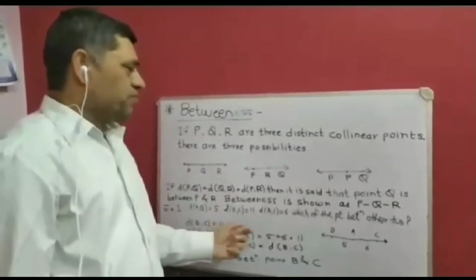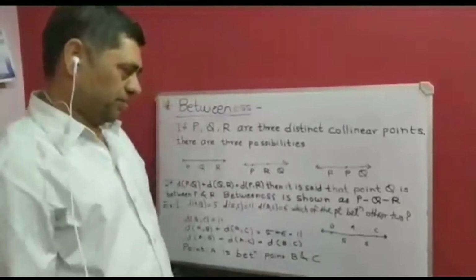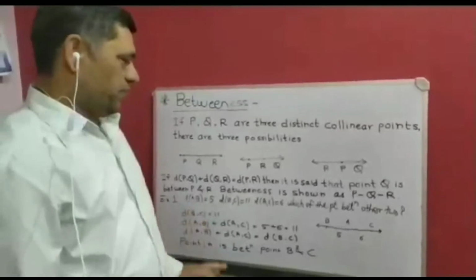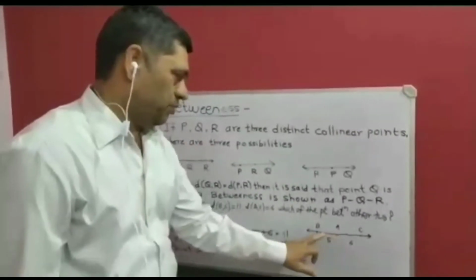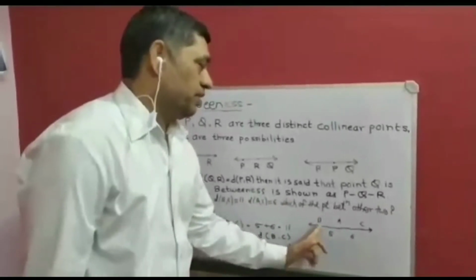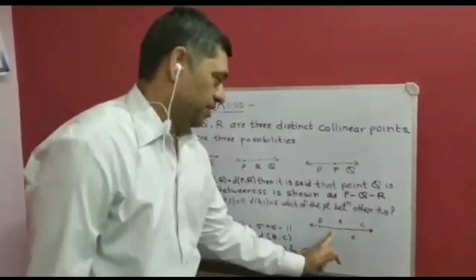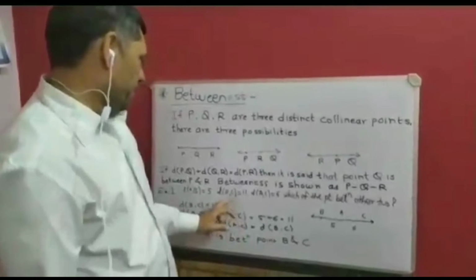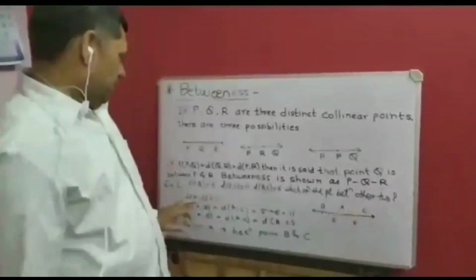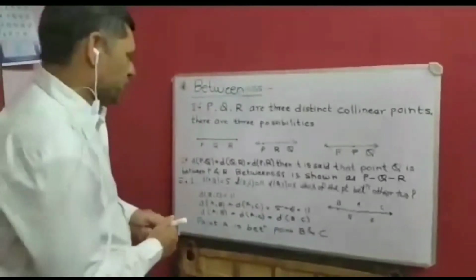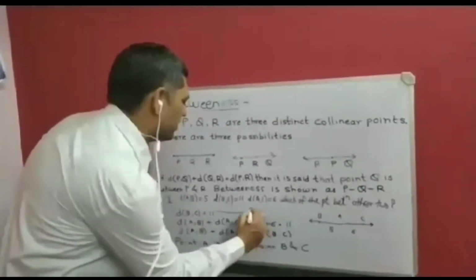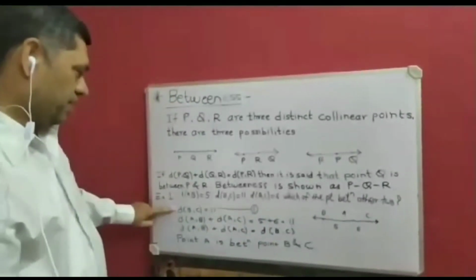For that, first of all, we draw a figure. Here AB is 5, BC is 11, and AC is 6. Therefore, our first condition, distance BC is 11.